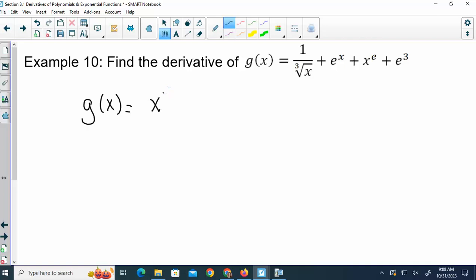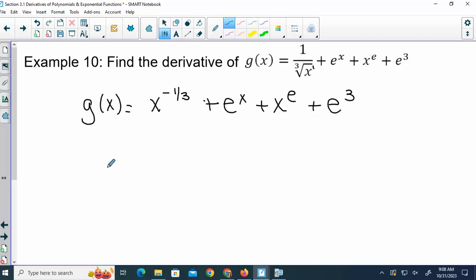X to the negative, what power? 1/3. A cube root is an x to the 1/3. If you're bringing it back up to the top, we make it a negative. The others we can leave.